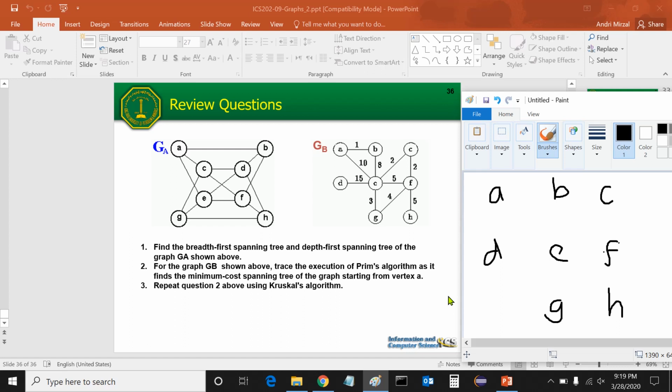You cannot continue with Prim's algorithm without the starting vertex. In this question, it asks us to start with vertex A. So we start with this one. Now the cut will become like this. So the minimum cost edge will be A to B. Wait a minute.